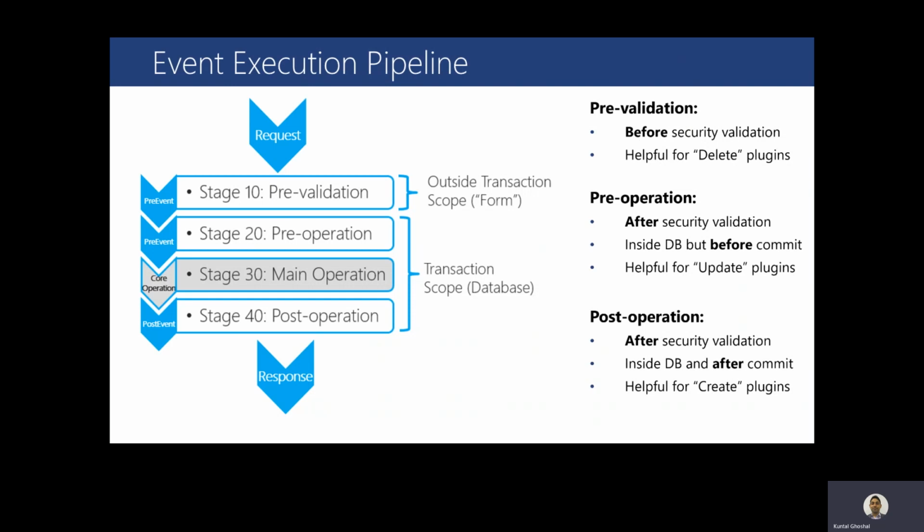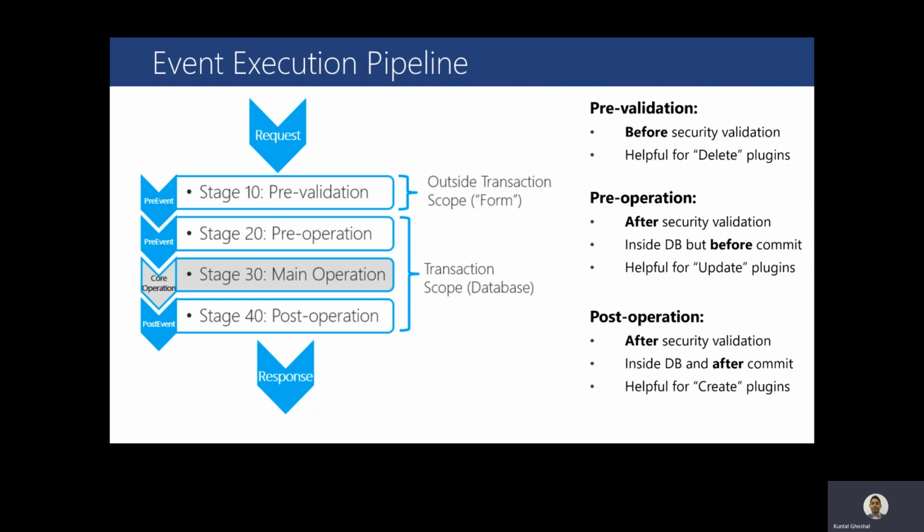This stage in the plugin is actually executed within the database transaction. So if you want to do some pre-validation with user entered data, let's say you want to compare entered data against something that's inside the platform, you can have this registered in the pre-operation or stage 20.